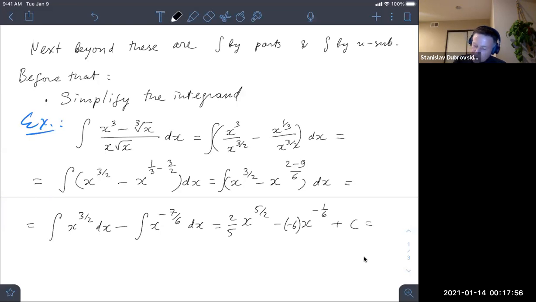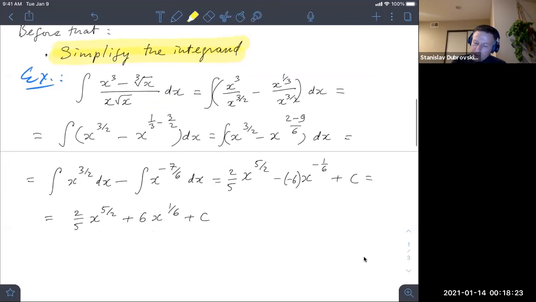You will see that that's correct. So finally, we will write it as 2/5 x to the 5/2 plus 6x to the -1/6, plus c. Okay, so that is one way to simplify the integrand.